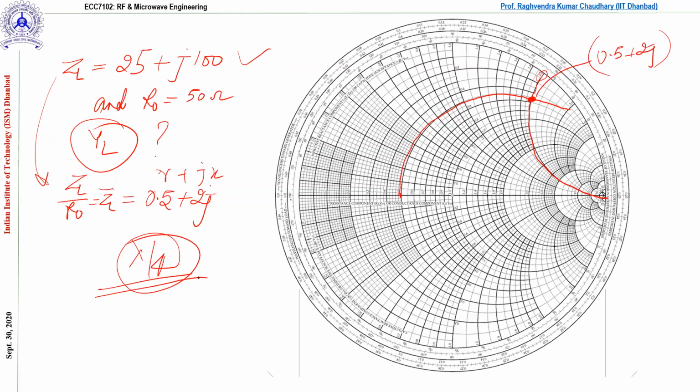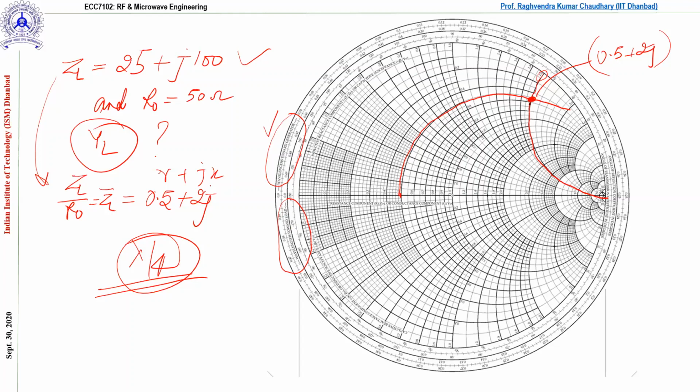Now you have to read the scale. The outer scale is wavelength towards the generator, whereas the second scale is wavelength towards the load. So this scale we have to read. Now we are at this point.